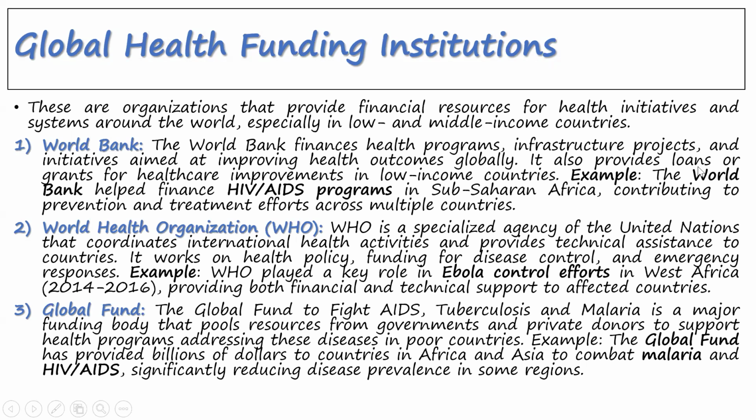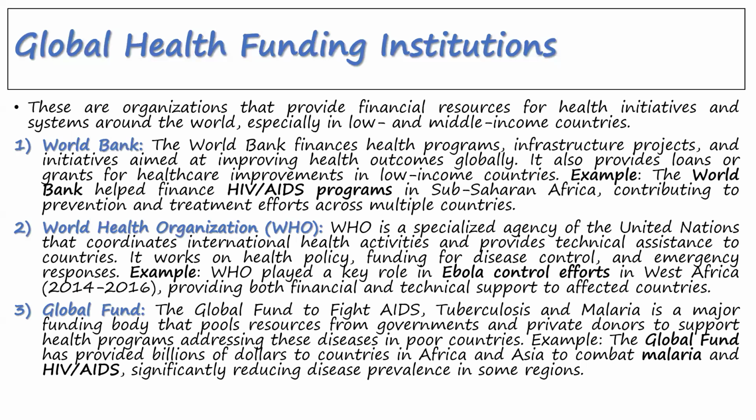It also provides loans or grants for healthcare improvements in low-income countries, sometimes with interest, sometimes with low interest rates. For example, the World Bank helped finance the HIV program in sub-Saharan Africa, contributing to prevention and treatment efforts across multiple countries. So the first one is the World Bank.